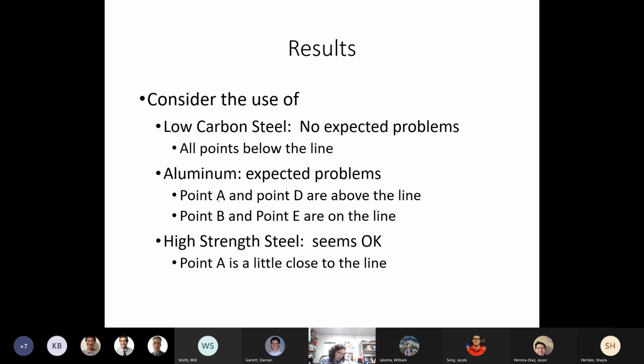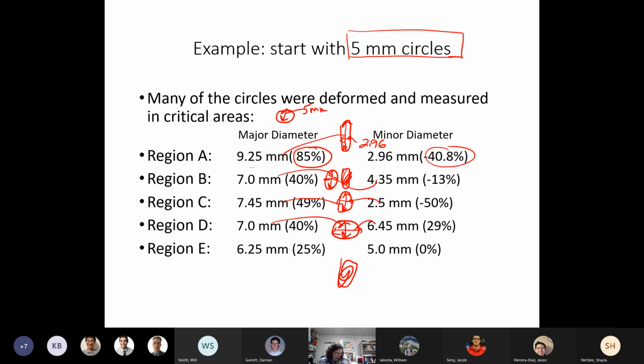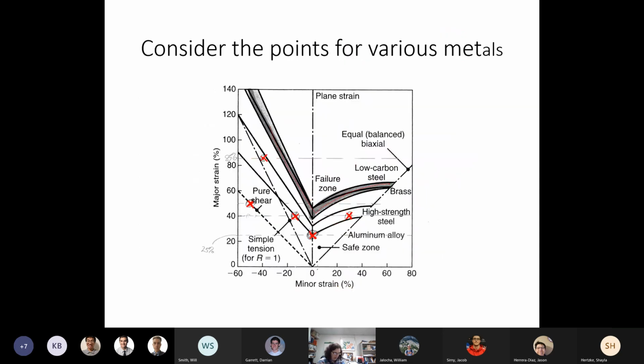So here's how this forming limit diagram works: we have the type of deformation that we need to form the part. We then plot it or compare it to the material, and we determine whether the material will function or not.